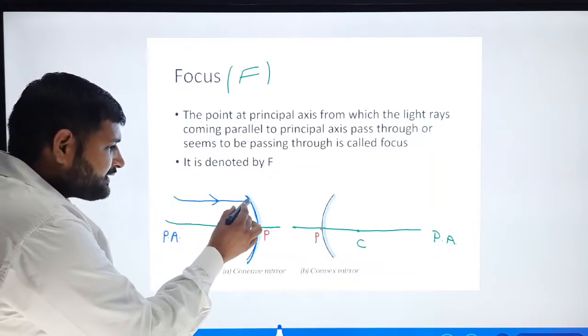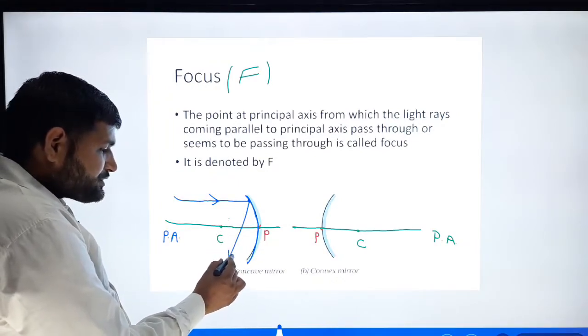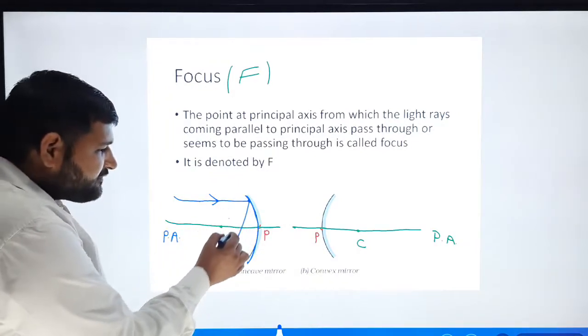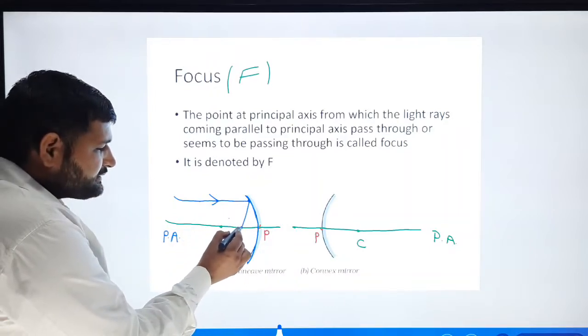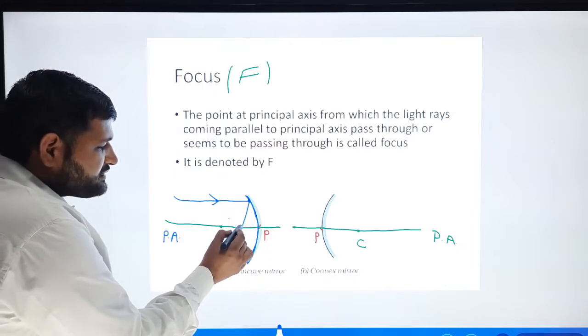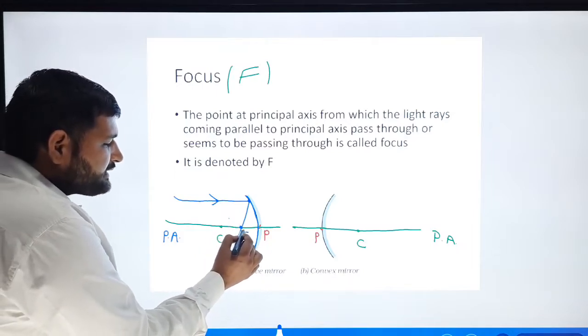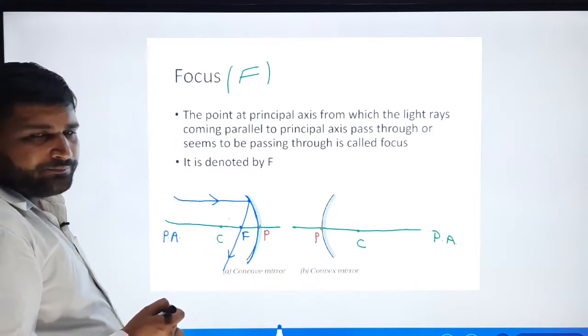and these reflected light rays will pass in this direction, and these reflected light rays would intersect the principal axis at this point, and this point of intersection upon principal axis is called focus. Okay.